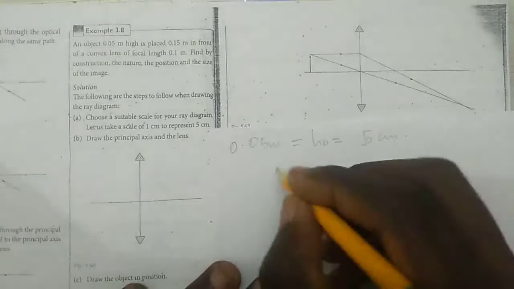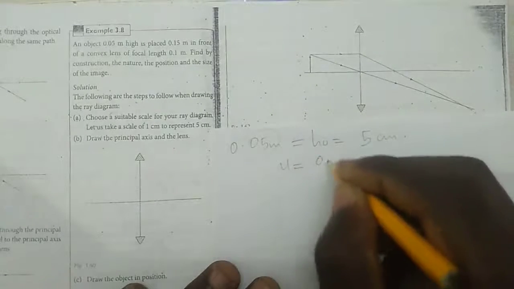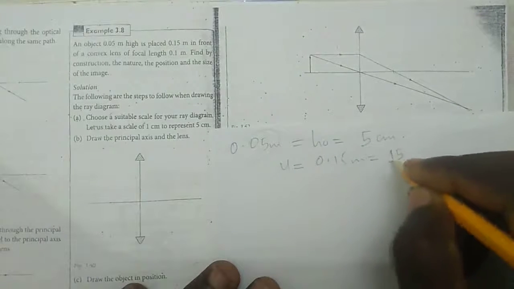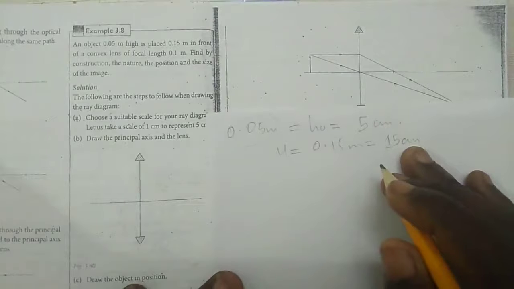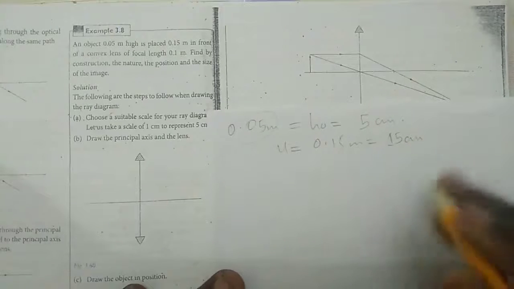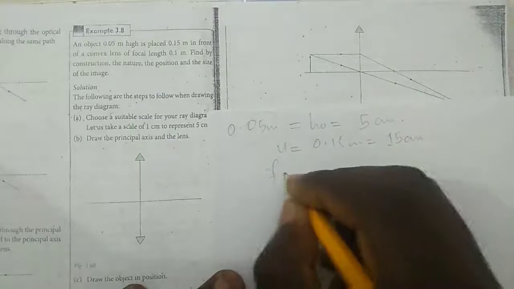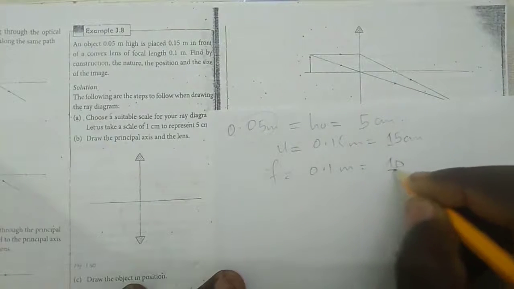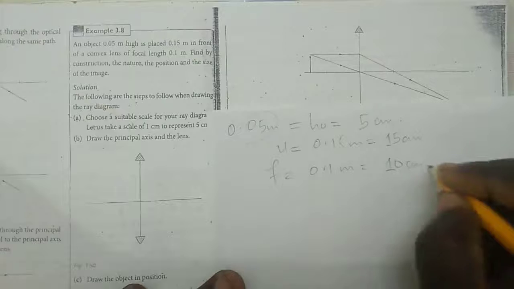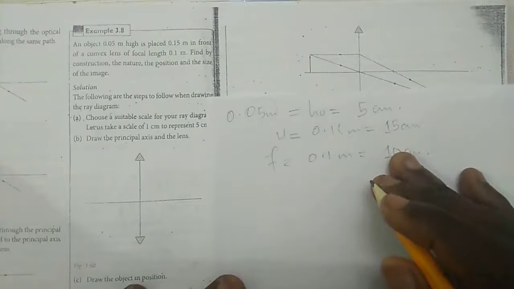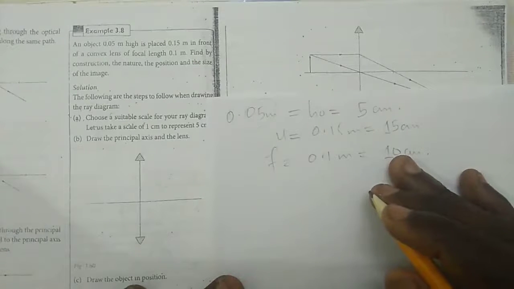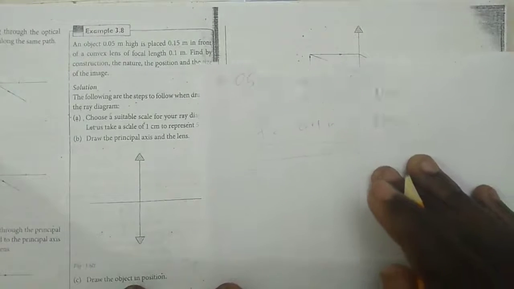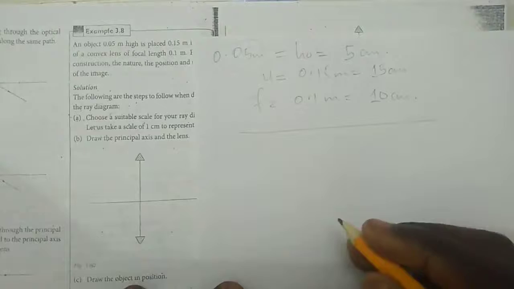So u is 0.15 meter, it's equivalent to 15 centimeter. And then from there, focal length of the mirror is 0.1 meter, that is equal to 10 centimeter. Find by construction the nature, position, and the size of the image.